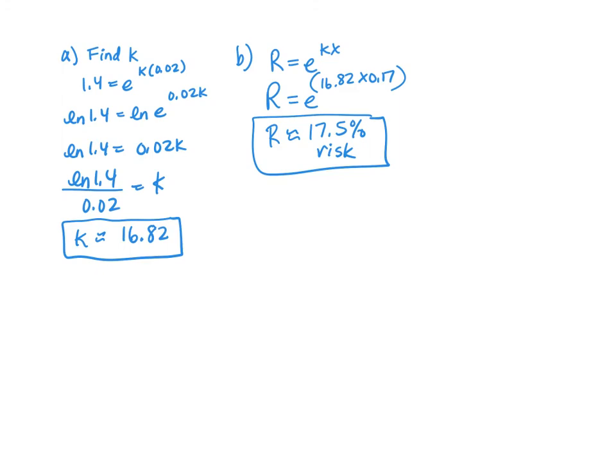Part C, using the same value of k, what blood alcohol concentration corresponds to a relative risk of 100? All right, let's see. So we have 100 equal to e to the 16.82x power. I have to take ln of both sides again.